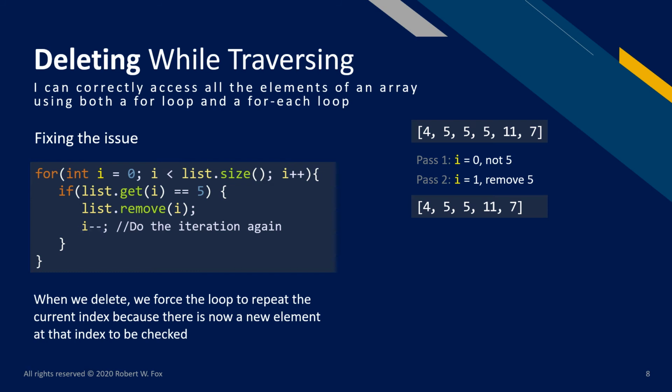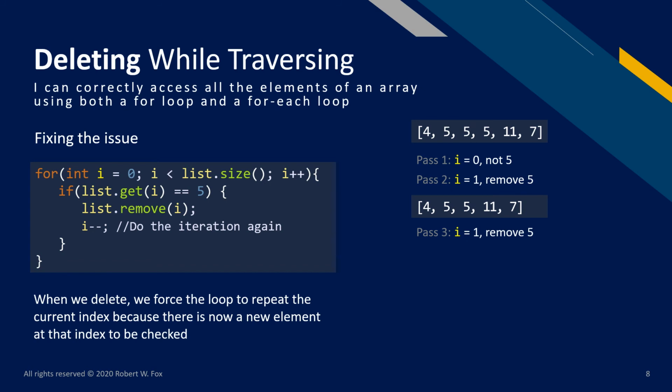So that means if i is 1, i-- is going to make it a 0, but then we will go back to the top of the loop where we will i++. And that basically means we're going to subtract from i and then we're going to add to it, which means that it stays the same value a second time.